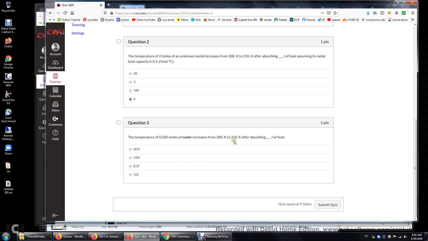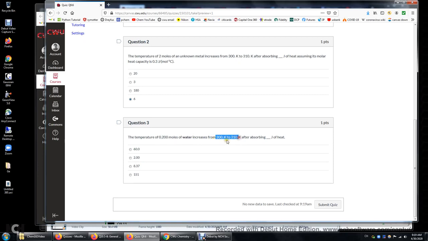The temperature of 0.2 moles of water increases from 300 to 310. Okay, you have to look up the specific heat of water, which is 1 calorie per gram per degree Celsius. But 1 calorie is 4.184 joule. So you need to convert this to grams. 1 mole of water weighs 18 grams, so this is 3.6 grams of water.